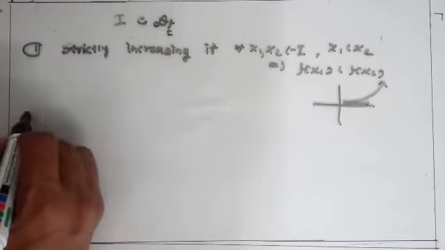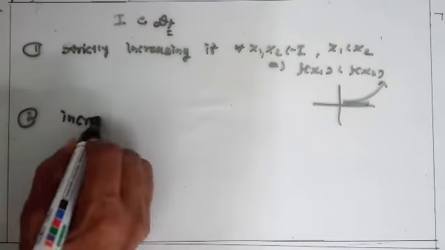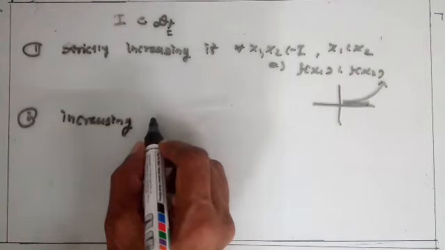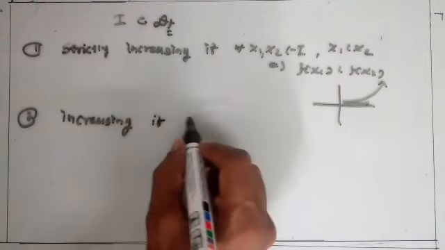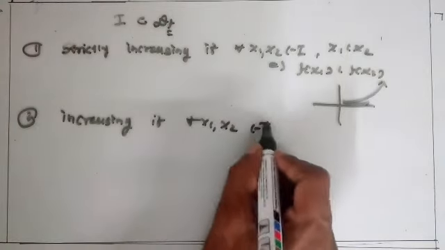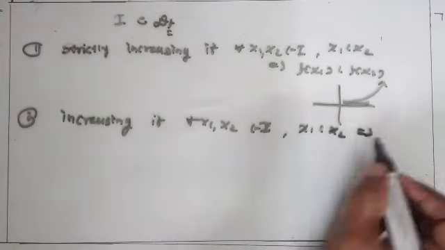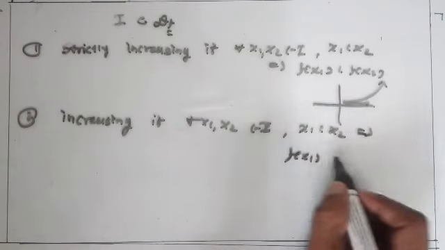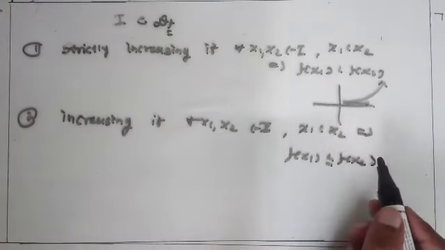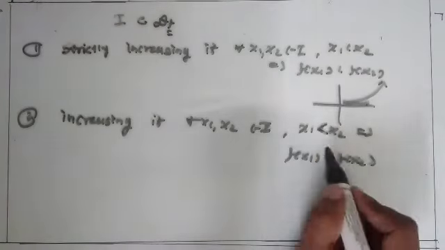Now normally increasing function, second definition. Increasing function if for all x1, x2 belongs to I, x1 less than x2 implies f(x1) less than or equal to f(x2), then the given function is said to be increasing function.